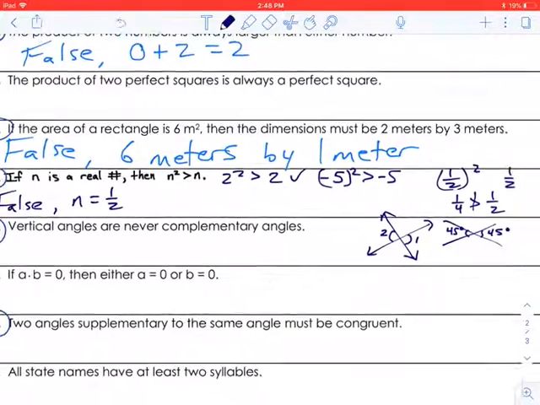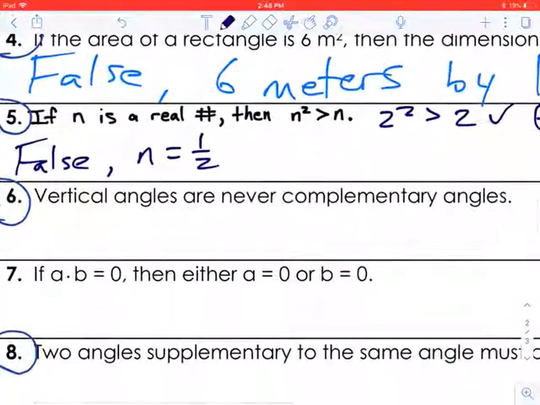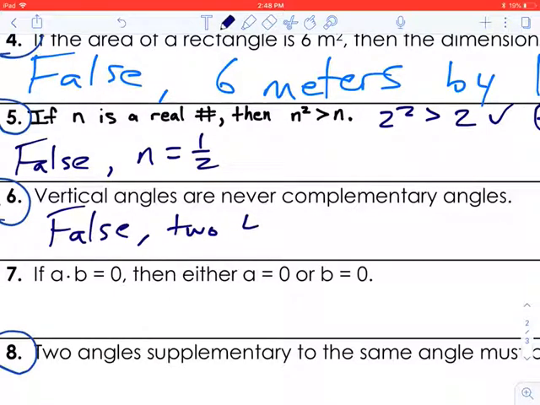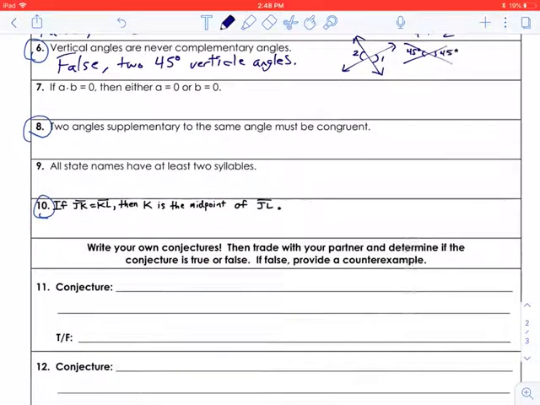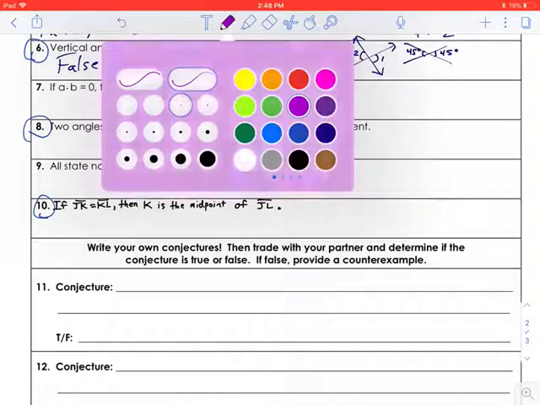So that would be a counterexample to this. False, again, because two 45-degree vertical angles are also complementary.